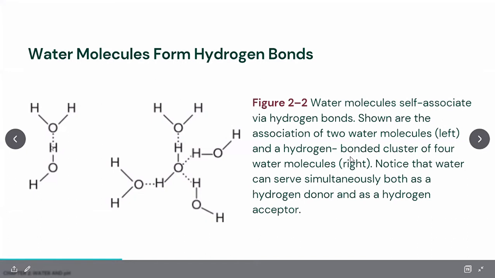Partial positivity, partial negativity. And there you are, you have several hydrogen bonds created, 4 of them. You have 4 molecules of water around this molecule of water.